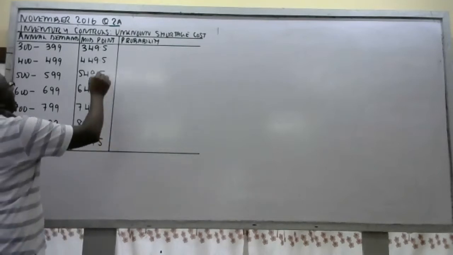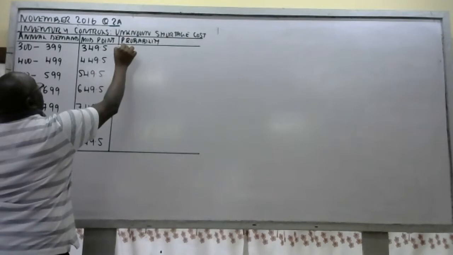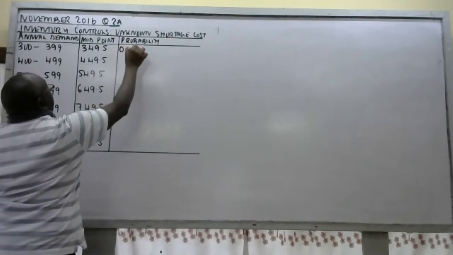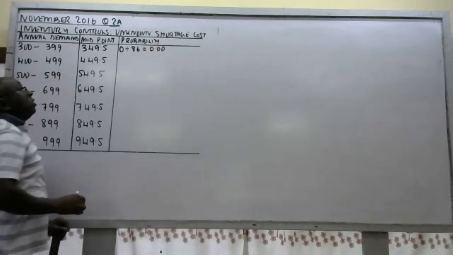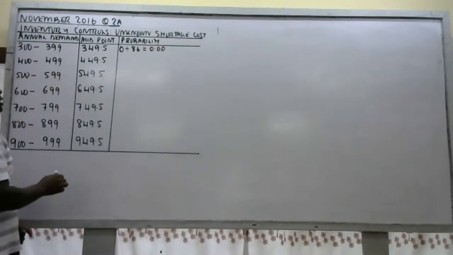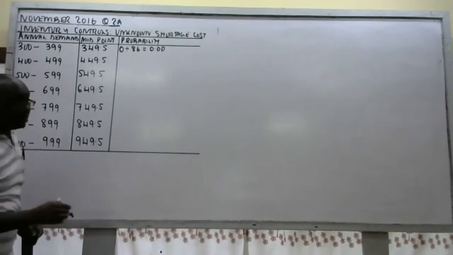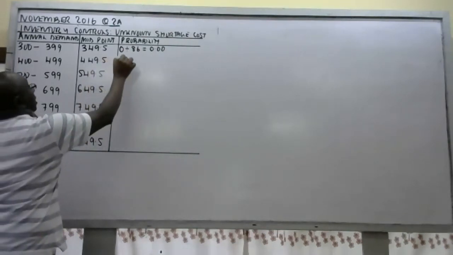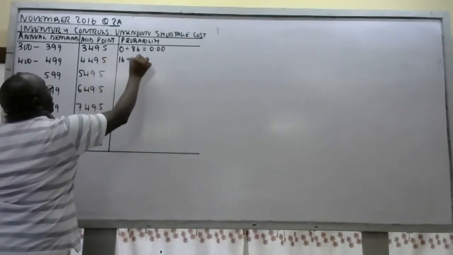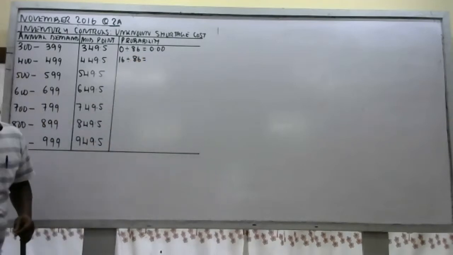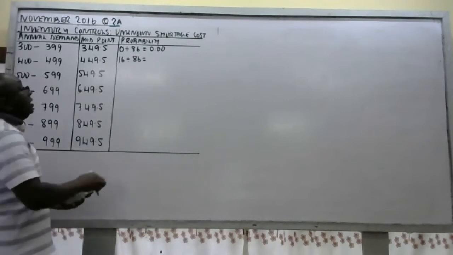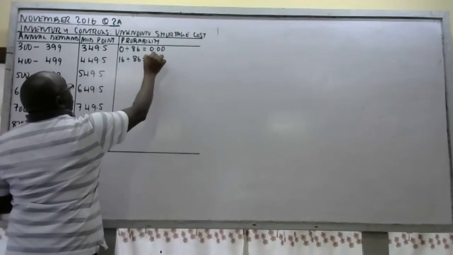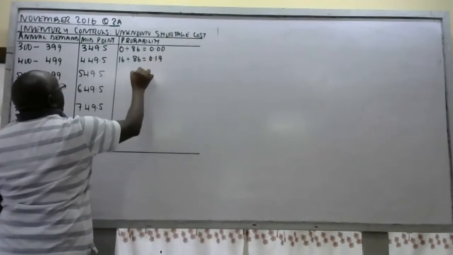So you shall take 0 and divide by 86, and the answer is 0.00. You can use 2 decimals. The next one will be 16. You divide by 86. So 16 divided by 86. If we go rounding, this will be 0.19.